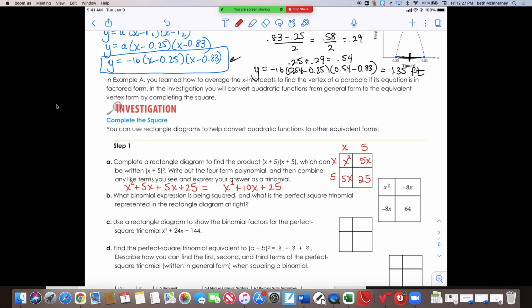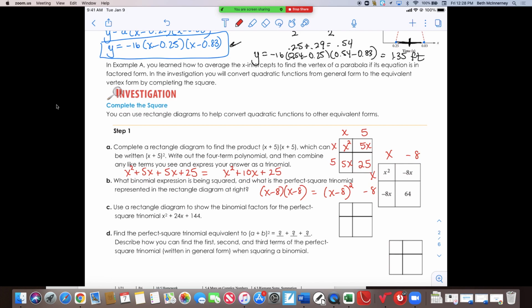Yeah, Jillian? Yeah, x minus 8 times x minus 8. And then if I want to write it as a quantity squared, I could then condense that to x minus 8 squared. Okay, do you see that? Do you see that's where it was coming from? That this was an x and this was an x. This had to be a negative 8 and a negative 8, right? So that's it.